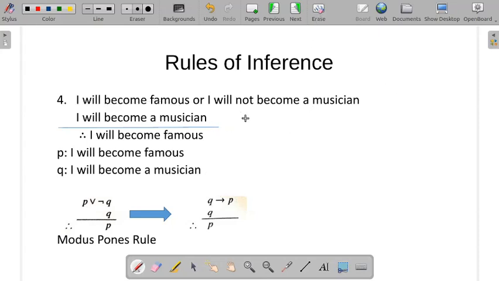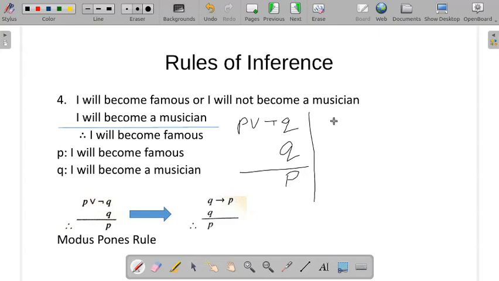What do we have here? We have P or negation Q: I will become famous, P, or I will not become a musician, negation Q. Next, I will become a musician, Q, so that results in I will become famous, P. Let's see how we can solve this.